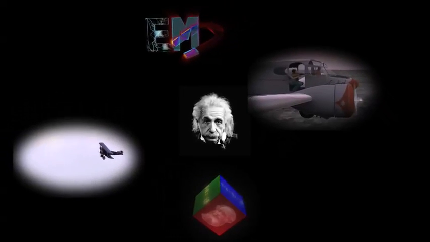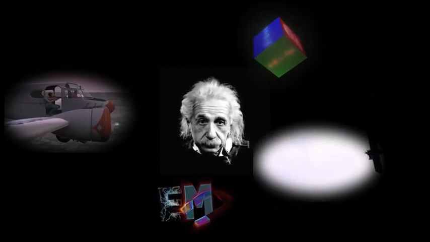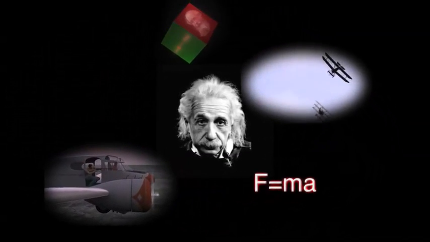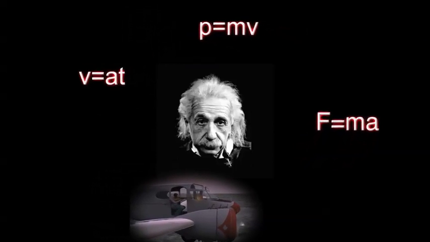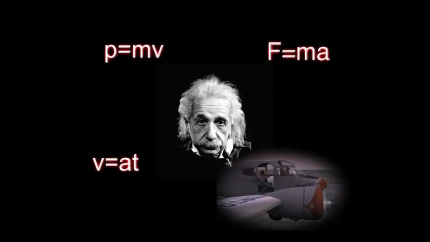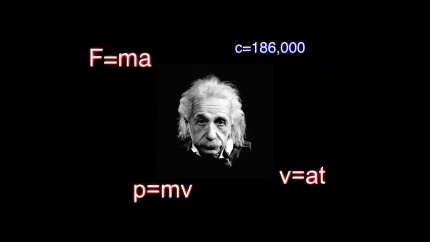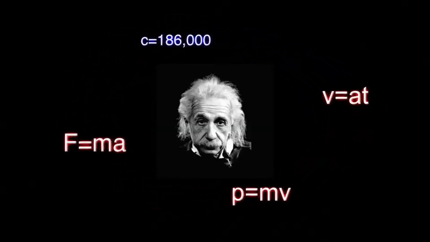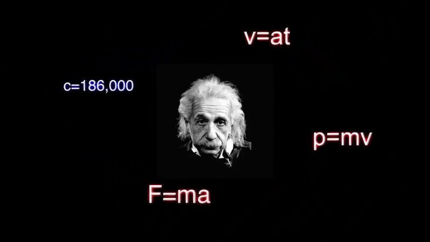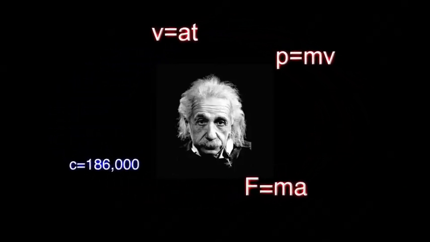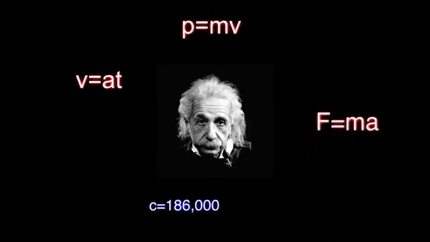He accepted the idea of relative motion, but restated it as follows. Any person moving at a constant velocity will observe the same laws of physics that a stationary person observes. And since the speed of light is part of the laws of physics, Einstein postulated that all observers will measure the same speed of light, regardless of their state of motion.